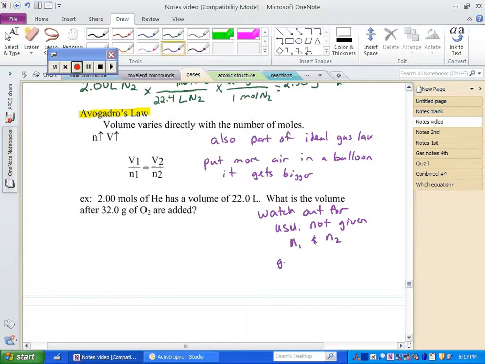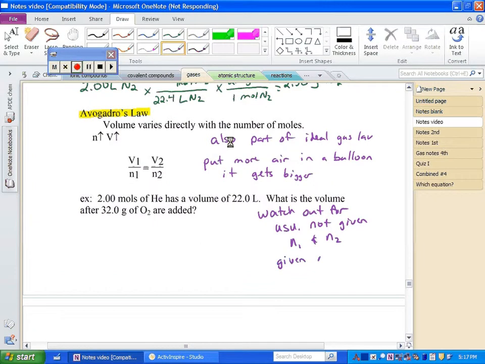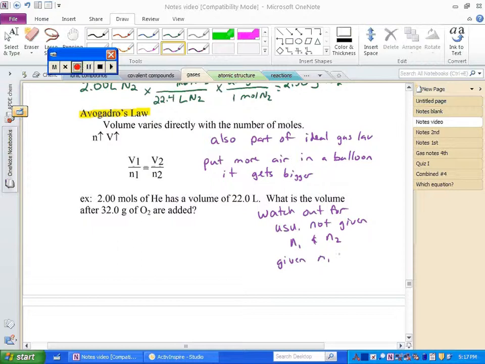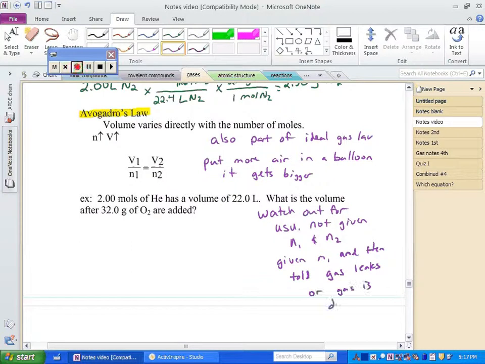You're given N1 and then told gas leaks or gas is added. So let's look at this one.